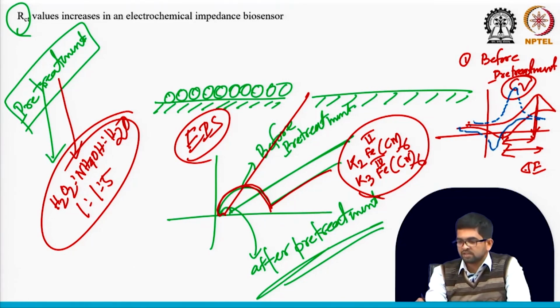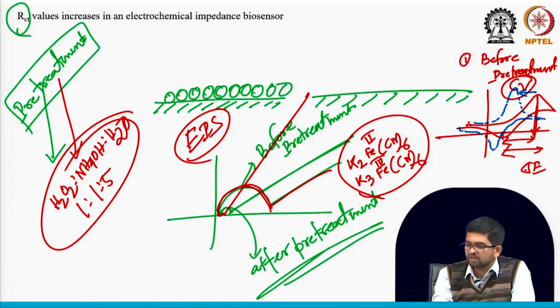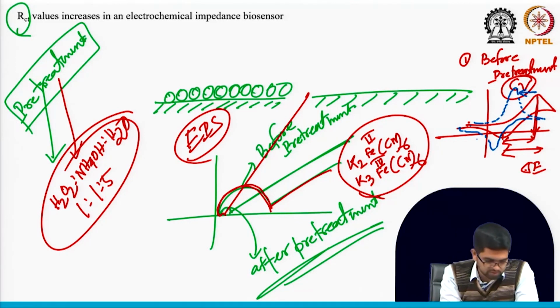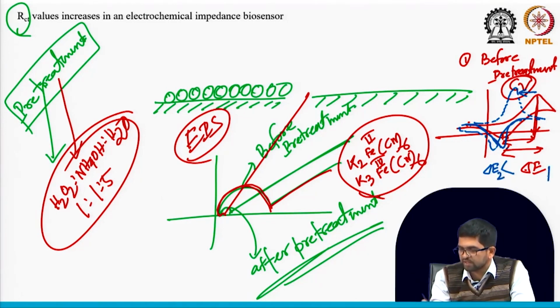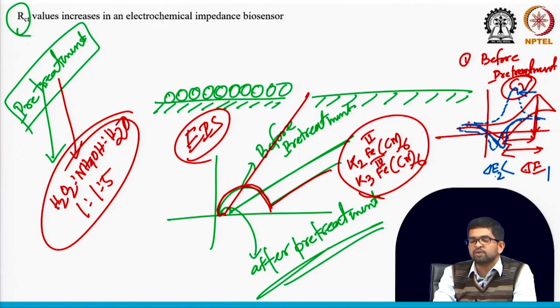Your oxidation peak potential shifted left, and your reduction peak potential should show near here, not toward the very left. If this is delta E1, the delta E2 value will be lower than delta E1.